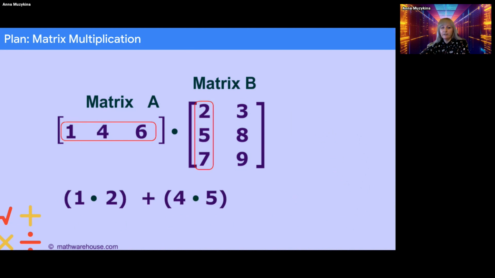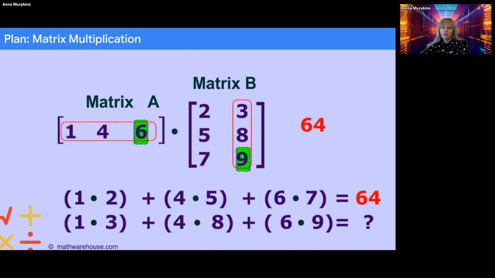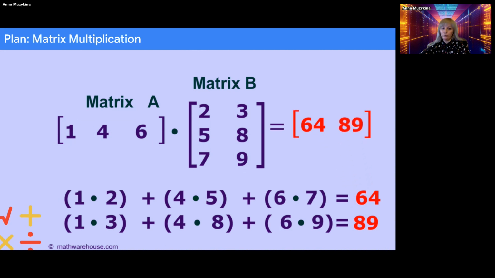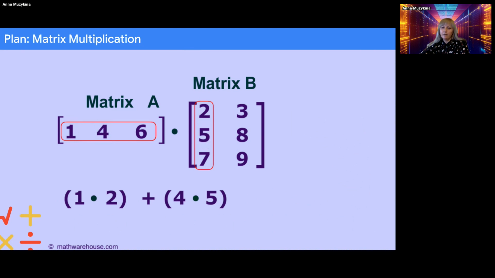After multiplying each pair of corresponding elements, we add up all these products. This sum is the value of the element in our product matrix, located at the intersection of the row we chose from matrix A and the column we chose from matrix B. We repeat this process for every row of matrix A and every column of matrix B to fill out the entire product matrix.